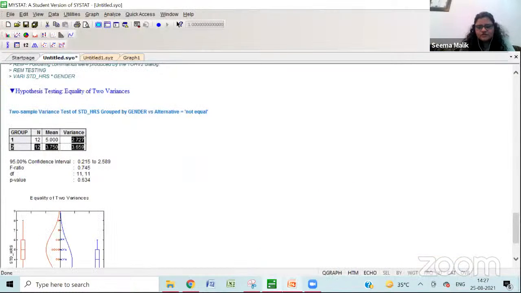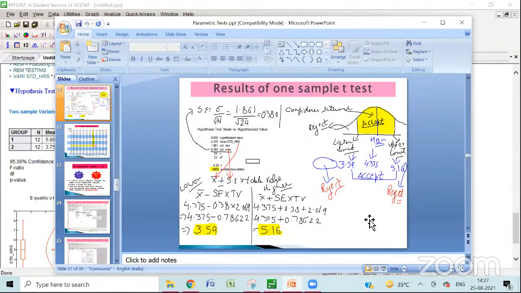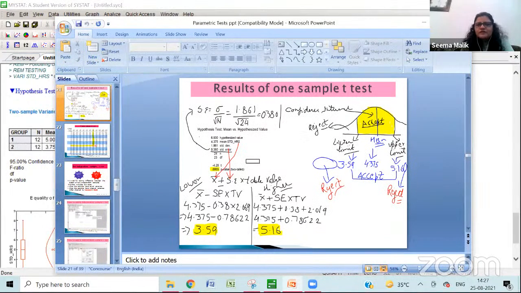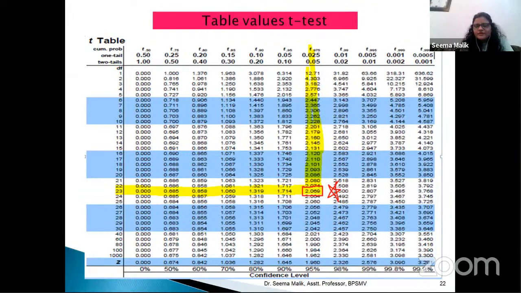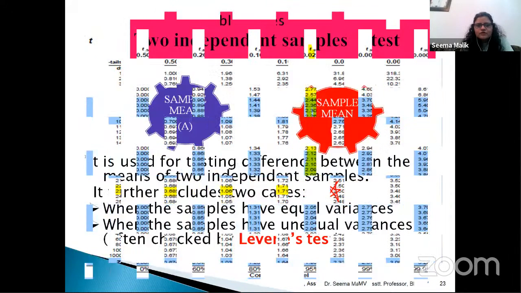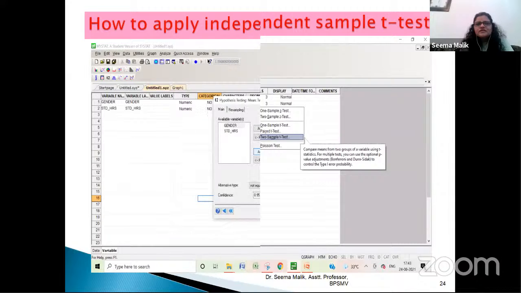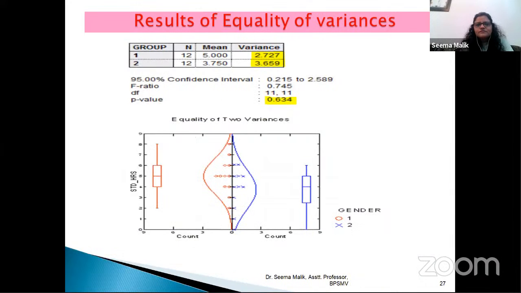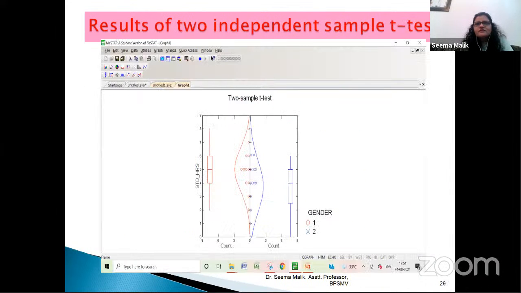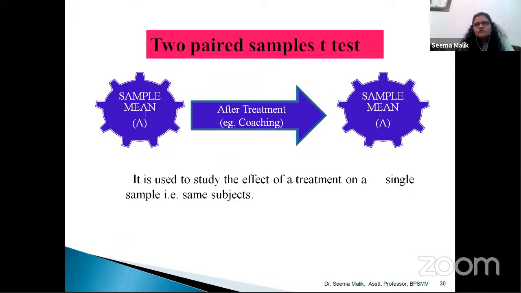We are moving towards the paired sample t-test. I have already explained the meaning of the paired sample t-test. Like I gave the example of the workshop. Paired sample means if we want to check the effectiveness of this workshop, we will have to conduct a test of the participants before the workshop and find out the mean, the performance on average of the participants.